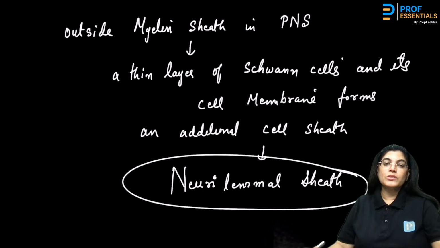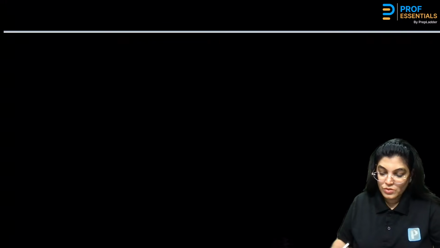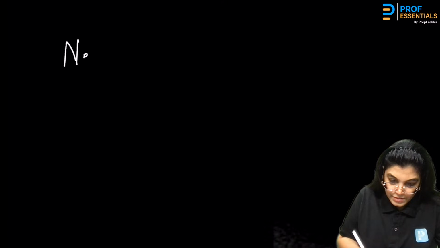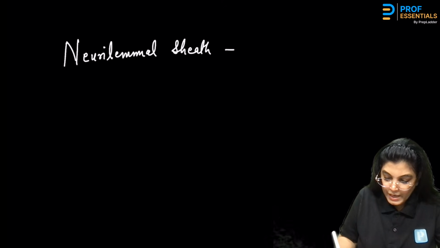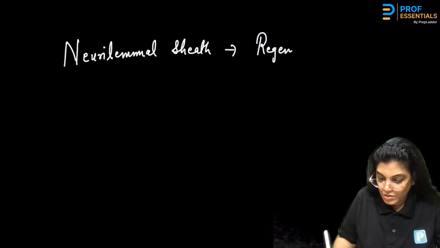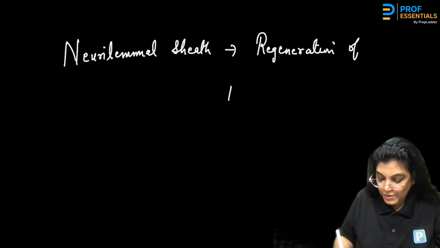And what is the function of this neurolemmal sheath? So it is important to know the function. So let's write: neurolemmal sheath helps in regeneration of peripheral nerves.